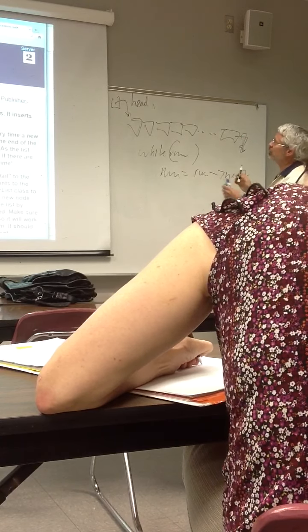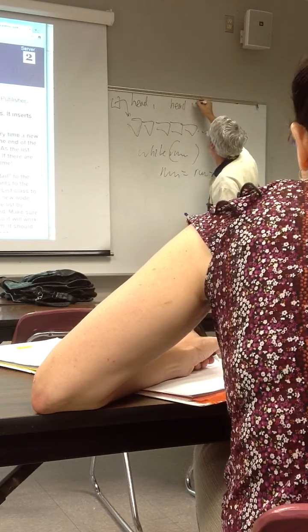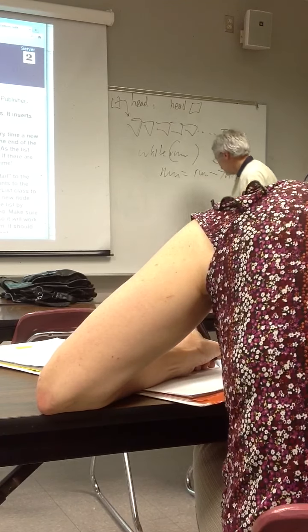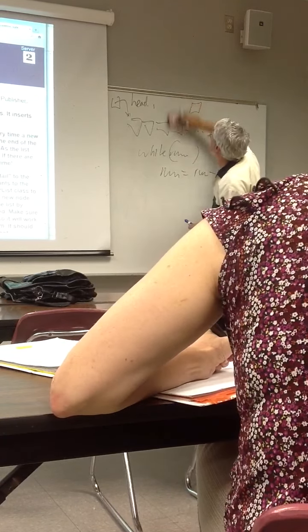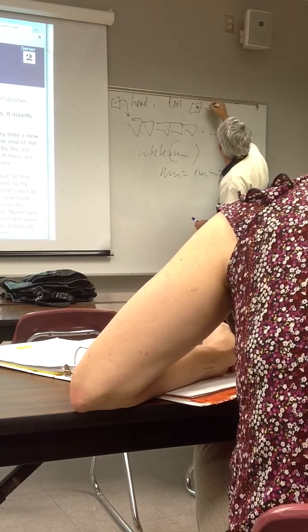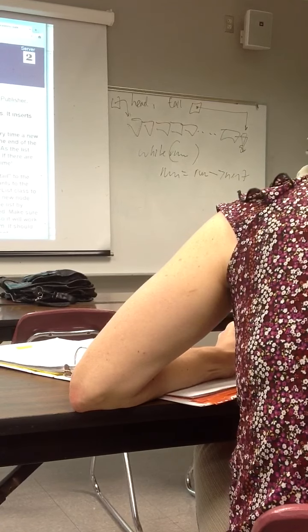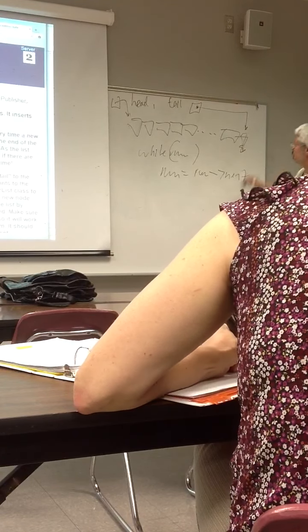It's just a pain. So what we'll do instead is create a new pointer in our class, and we'll call it tail. And tail will always point to the very last item. You've got to make sure it doesn't point to null.